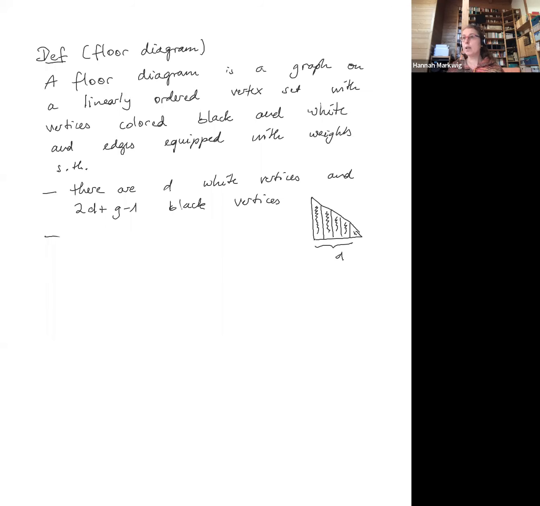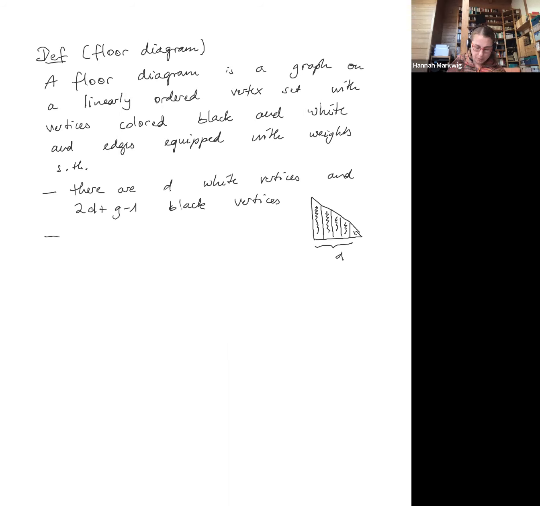So there are d floors, and for that reason also d white vertices. Then in total we have 3d plus g minus 1 point conditions, and d point conditions sit on floors, so the remaining 2d plus g minus 1 point conditions must sit on elevators, must be elevator points. For that reason we have 2d plus g minus 1 black vertices here.